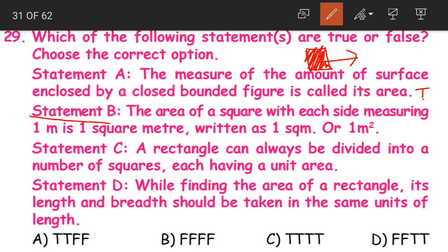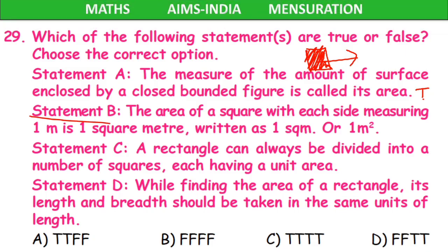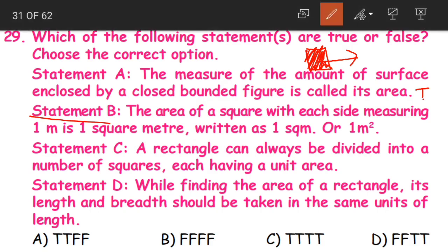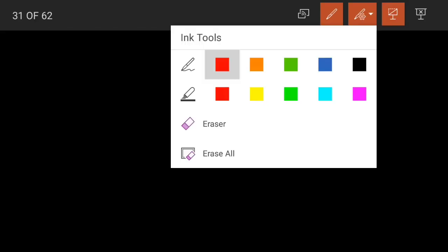Coming to statement B, the area of a square with each side measuring 1 meter is 1 square meter, written as 1 SQM or 1 meter square. What is the side of the square? The side of the square is 1 meter. S is equal to 1 meter. Then what will be the area of the square?